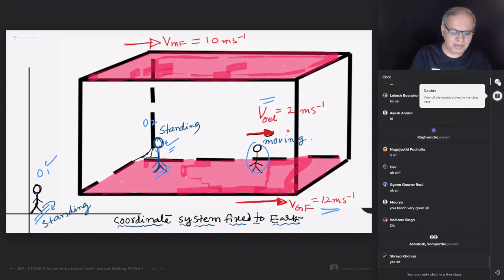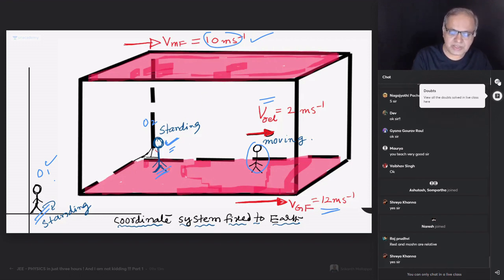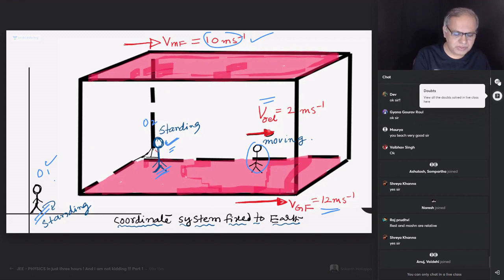So if you want to find out, this is 12 here, I've mentioned here. The bus is going with 12. With respect to him, he is going with 2. So with respect to this person, he goes with 12. That is 10 plus 2. But for him, there are two things. One is the bus is going with 10. With respect to him, he is going with 2. So with respect to him, we say 10 plus 2. But for the same fellow, when you go inside, you simply reverse your velocity 10 on yourself.